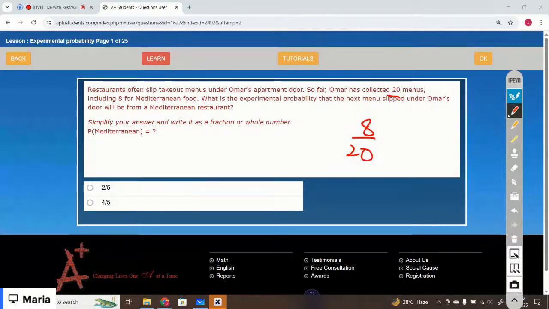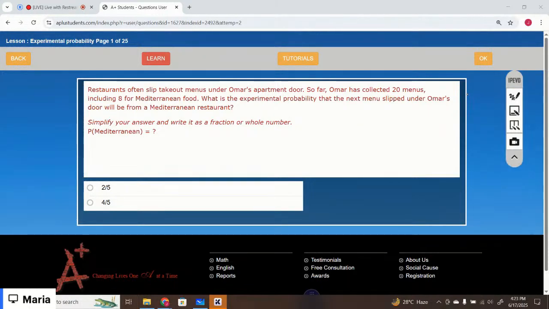So which is the correct option? That is 2 by 5. Option number 2 is the correct option.